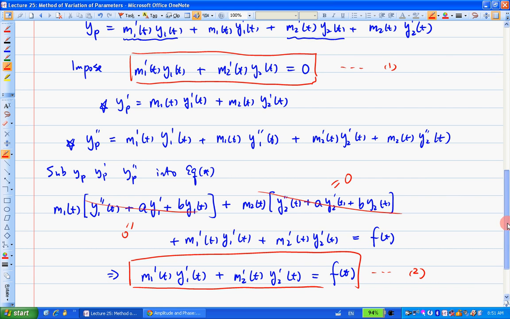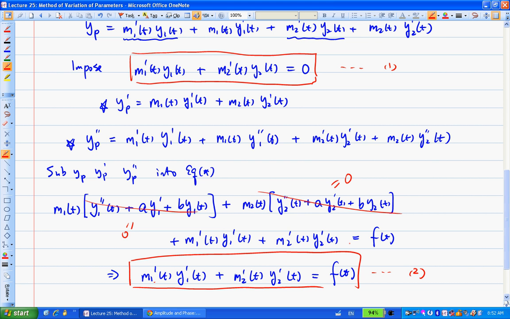With this operation, we end up with two equations. If you look at these two equations, they are basically linear equations. What is the coefficient here? m1 prime, m2 prime. What's known here? y1, y2, y1 prime, y2 prime, and of course f of t.